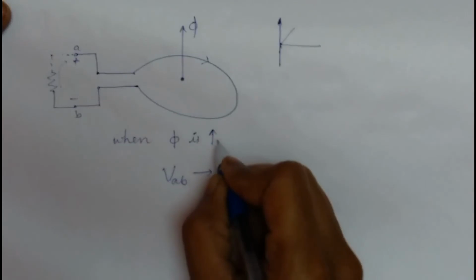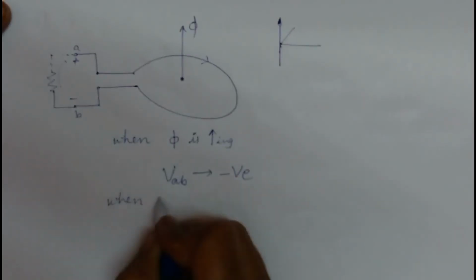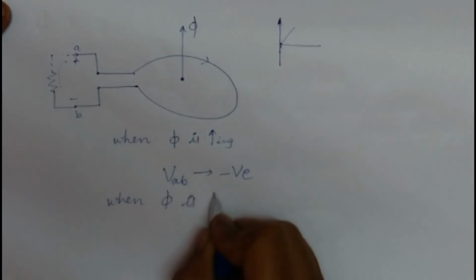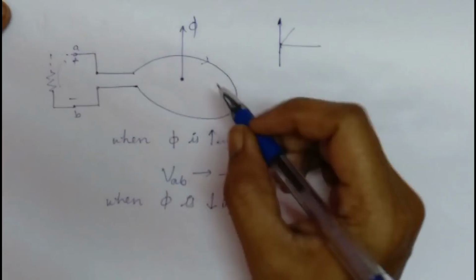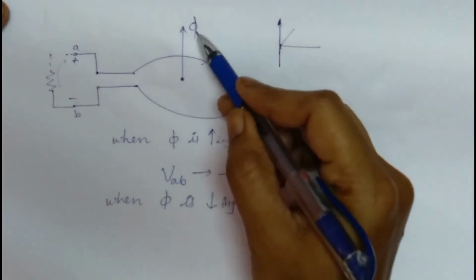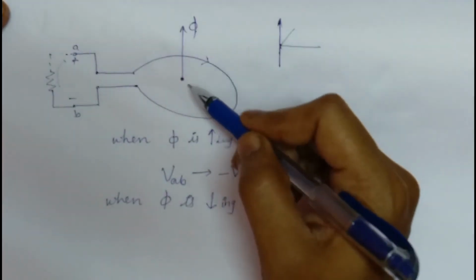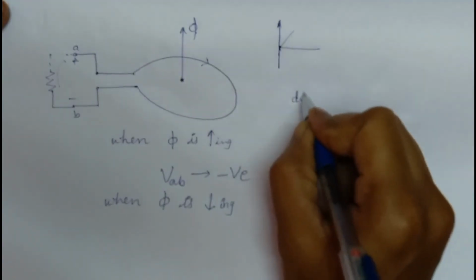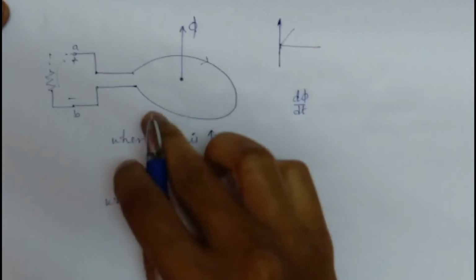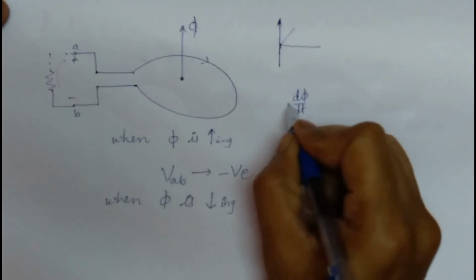Now when phi is decreasing in the upward direction only. In the upward direction I have some flux, and now it is decreasing. That means it has some rate of change of flux, so some voltage is induced. That voltage direction should oppose this change, this d phi by dt.